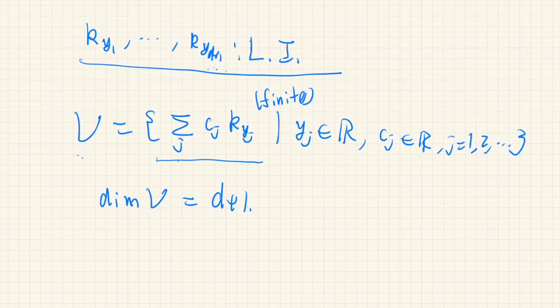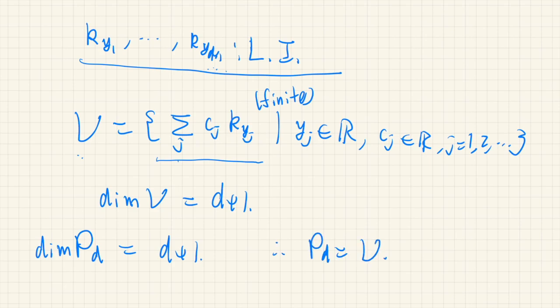And recall, we defined this space of polynomials with a degree of at most d, so the dimension of this space is also d plus 1. So their dimensions are the same, and they are both spaces of polynomials. Therefore, we can conclude that P_d is actually V.